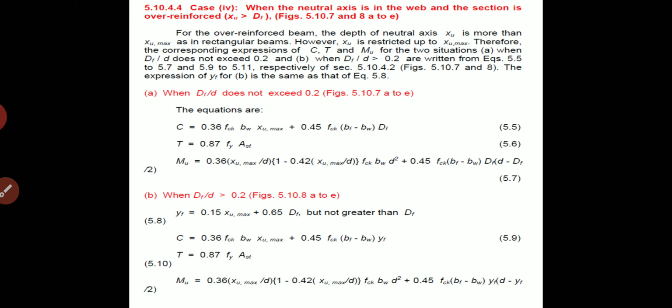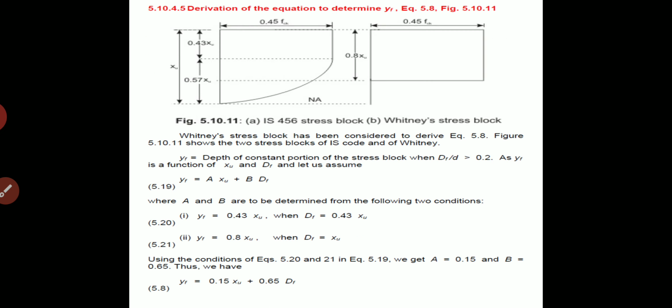Here compression side C equal to 0.36 fck into bw into Xu max plus 0.45 fck bf minus bw into Yf, and tension side T equal to 0.87 fy Ast, and now ultimate moment Mu equal to 0.36 Xu max upon d, 1 minus 0.42 Xu max upon d, into fck into bw into d square plus 0.45 fck bf minus bw into Yf into d minus Yf by 2.